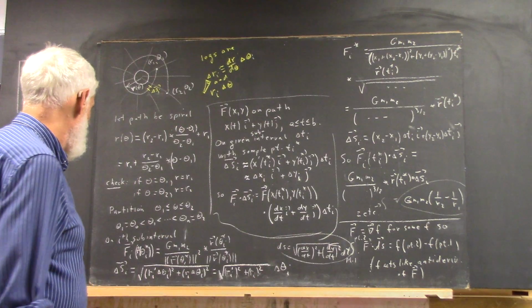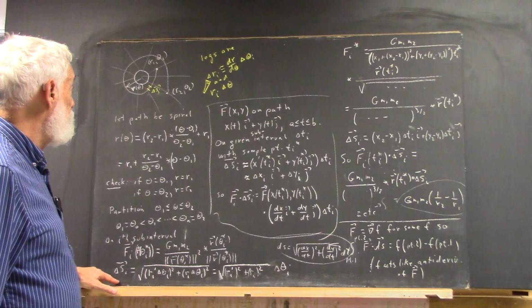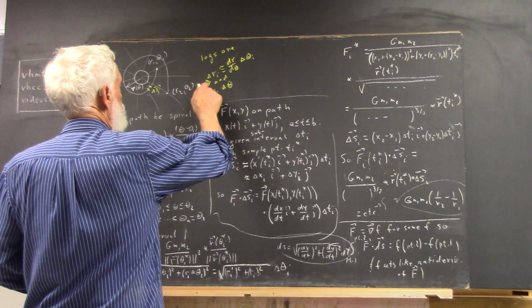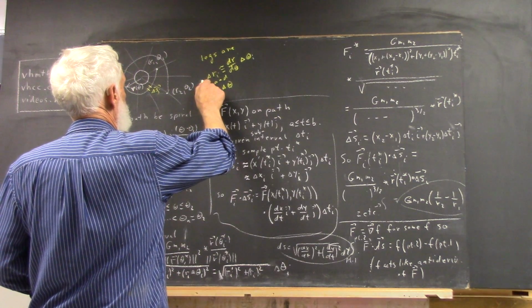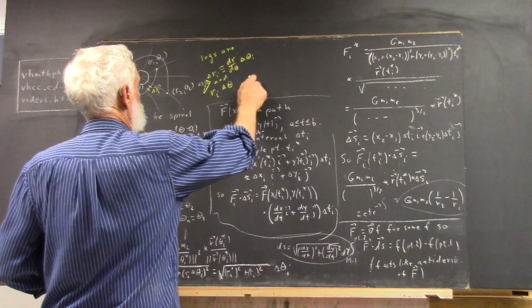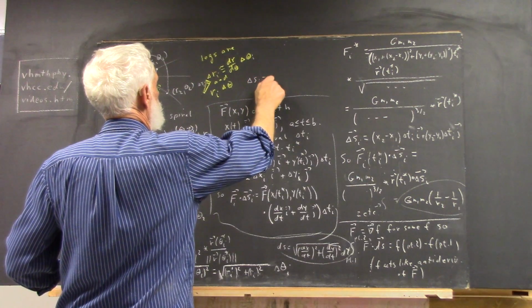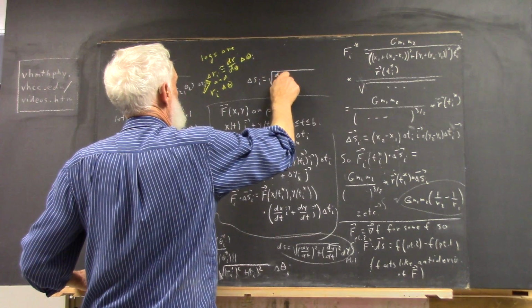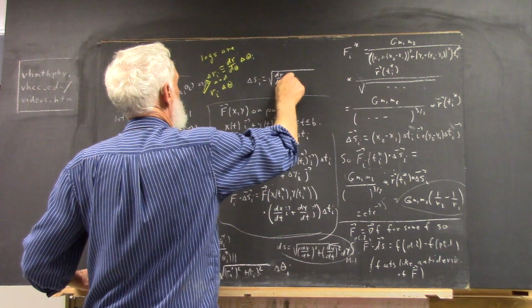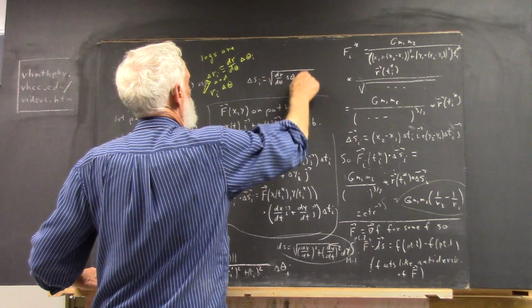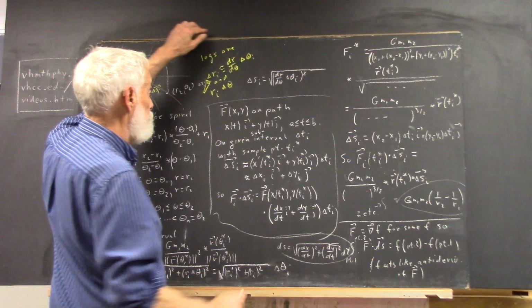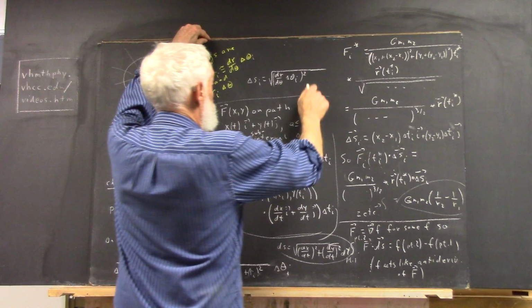Meaning then that your delta S sub I, I'm going to put it into this figure here. Here's your delta S sub I. So your delta S sub I is the square root of this leg squared plus this leg squared.